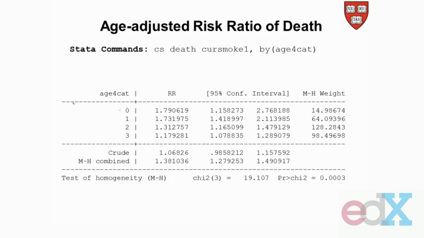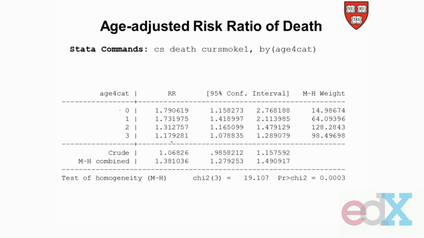Their relative risk is 1.79. That's right here. People in the second age category have a slightly lower relative risk of death. And the last category, the 3 right here, actually have the lowest risk of death.